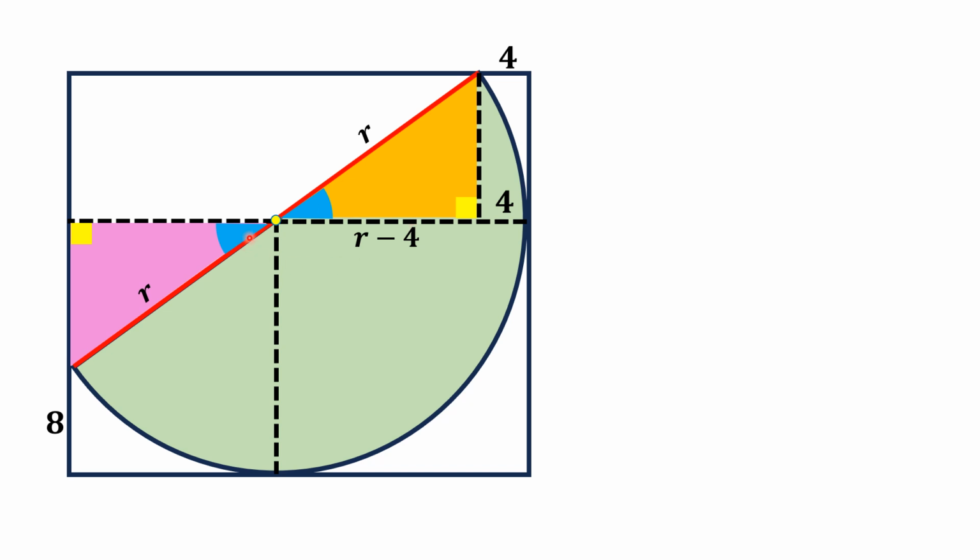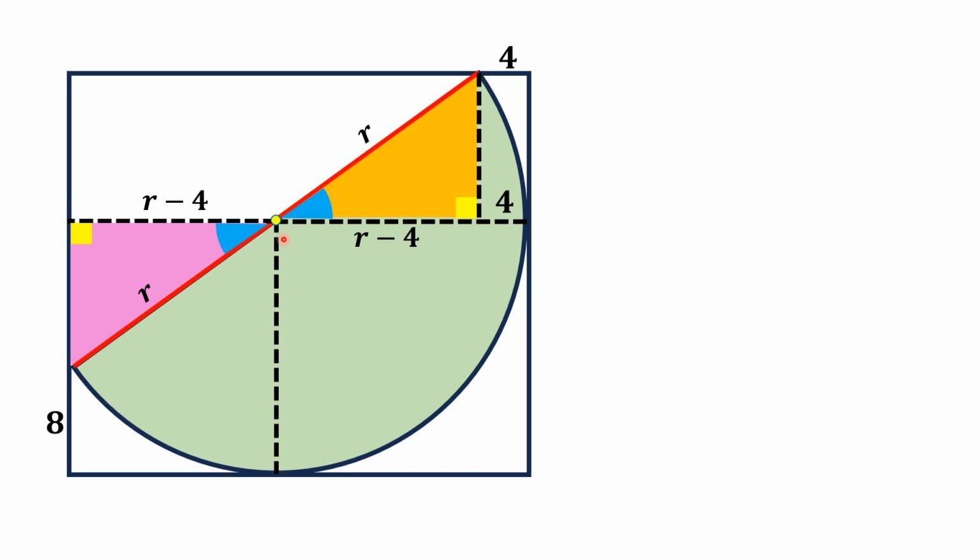This angle is also equal because these are opposite angles, and the hypotenuse of this triangle is r and the hypotenuse of this triangle is also r, so by angle-side these two triangles are congruent to each other. So each side of the triangle is equal to the corresponding side of the second triangle. Since this length is r minus 4, this length is also r minus 4.